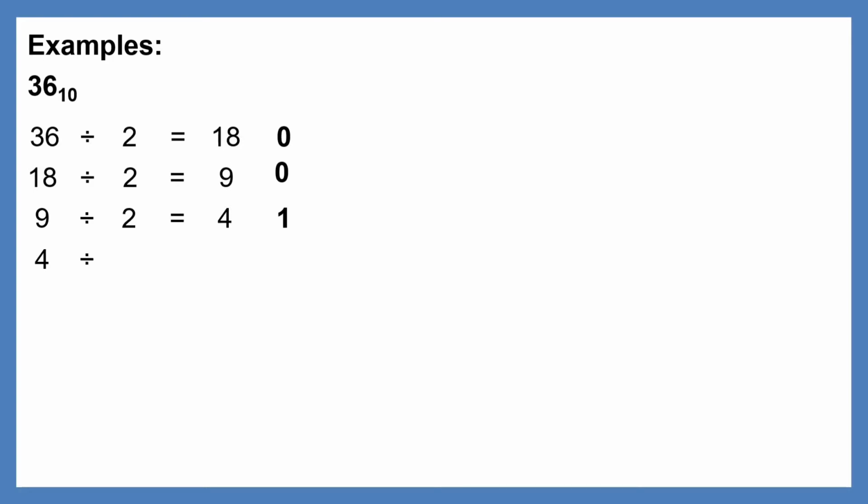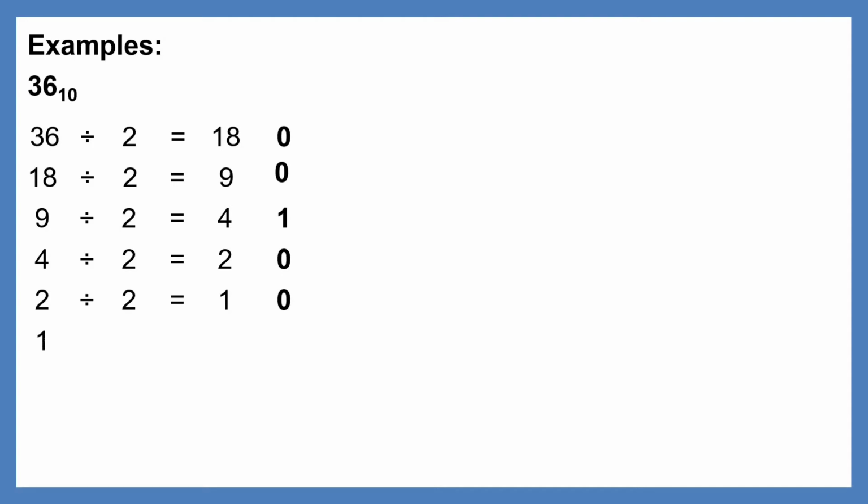Then 4 divided by 2 is equal to 2, so again there is no remainder. The remainder is 0. Next, we have 2 divided by 2 is equal to 1. So again, 2 divided by 2 is 1, remainder 0.